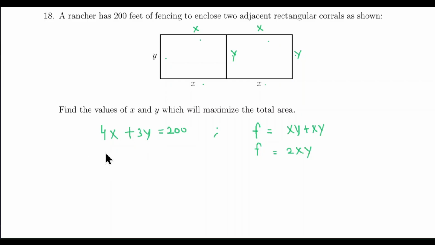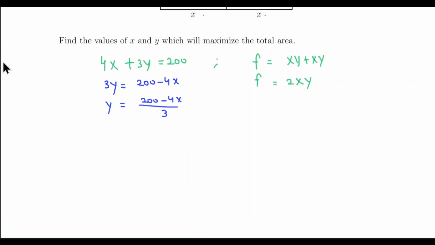So over here, I'm gonna find that 3y is equal to 200 minus 4x, and y will be equal to 200 minus 4x over 3. So the function is going to look like 2x times 200 minus 4x over 3.